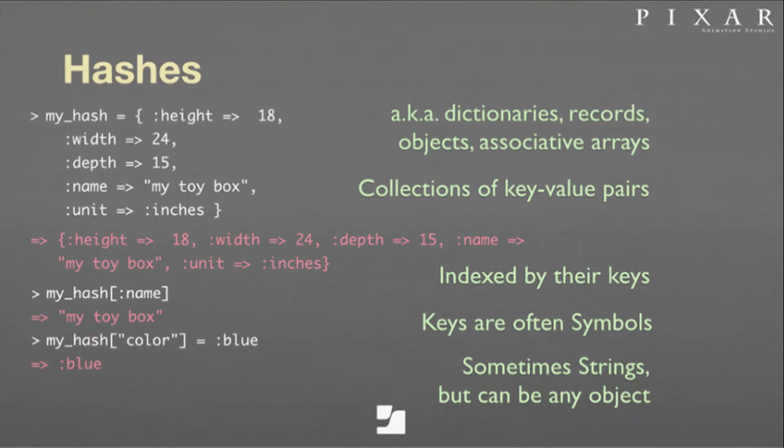You surround them with curly braces, and then it's the key, and then this thing in Ruby is called a hash rocket, and then the value. The keys and the values can be any objects. In this case, I'm using symbols as the keys, and the values are 3 integers and a string and another symbol. And here's the actual whole hash.